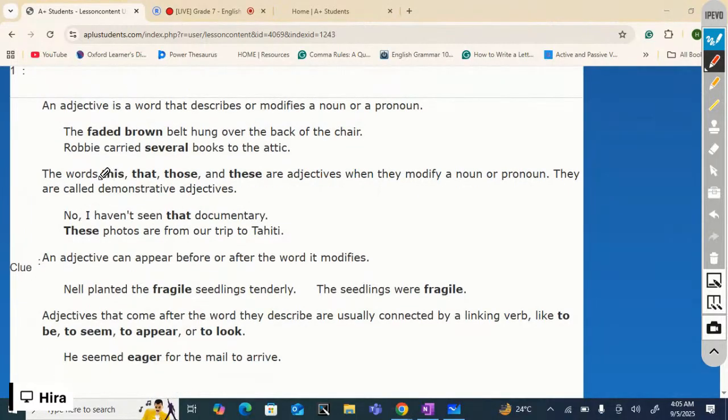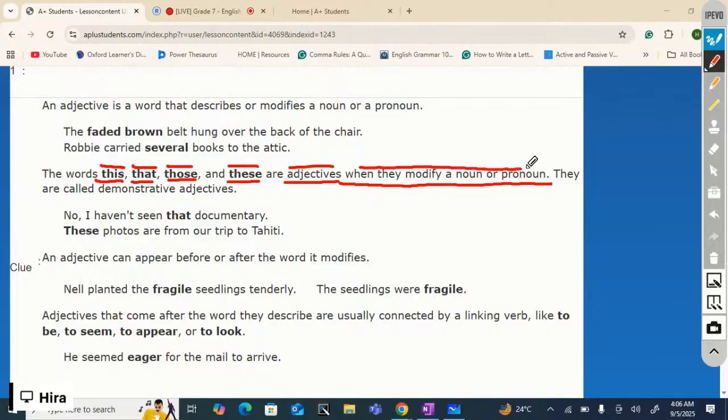Okay, the words this, that, those, and these are adjectives when they modify a noun or pronoun. These words act as adjectives when they modify a noun or pronoun, and they are called demonstrative adjectives. So what are demonstrative adjectives?